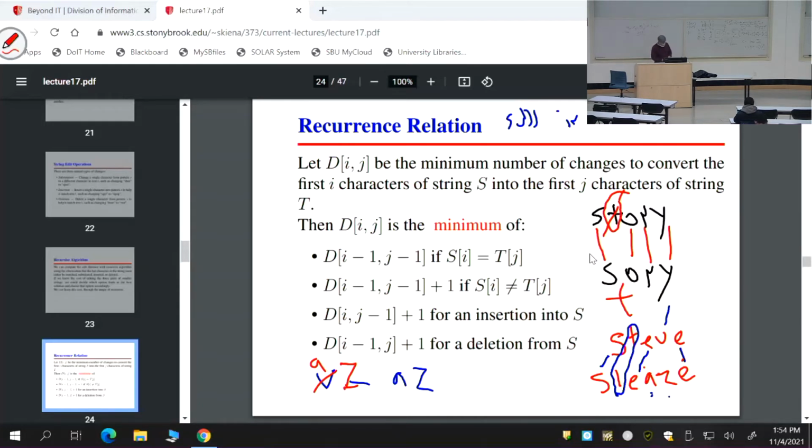Last class, I defined the following recurrence relation, and I want to make sure that everybody accepts it.